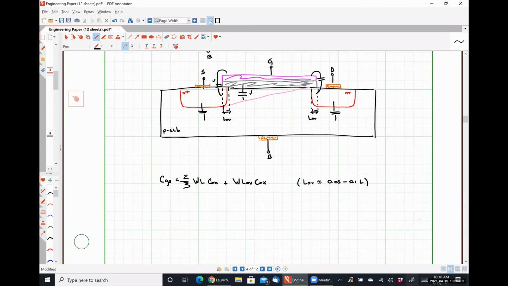Our gate drain capacitance, CGD, is equal to an overlap capacitance. So we don't see any capacitance in our channel because it's pinched off. There's a lot of charge over here, there's next to no charge over here, so we don't see any capacitance due to the channel.